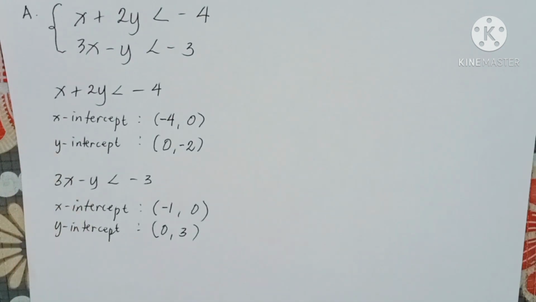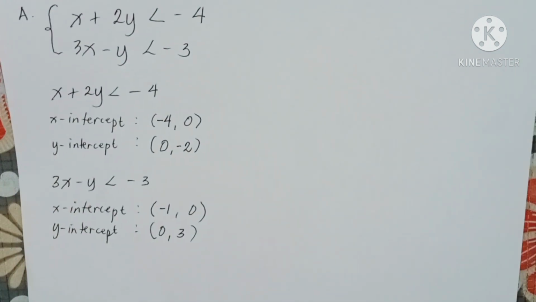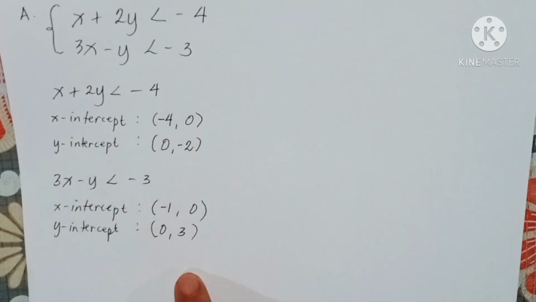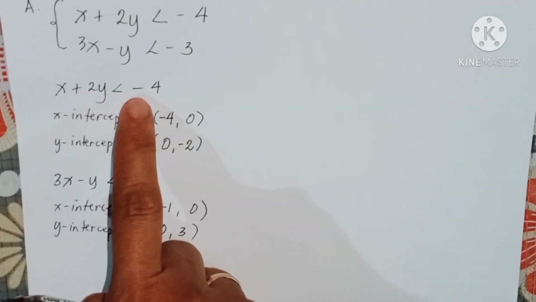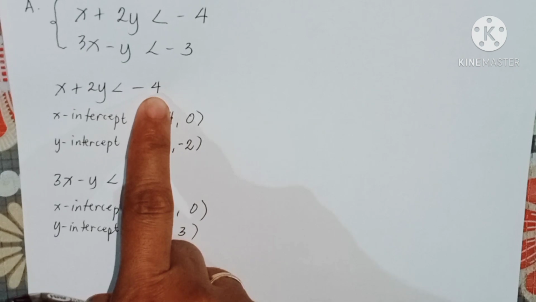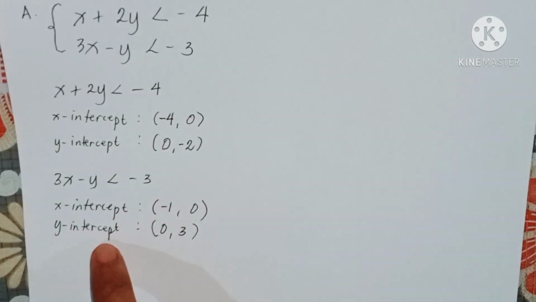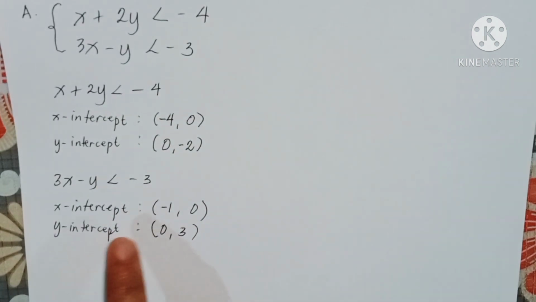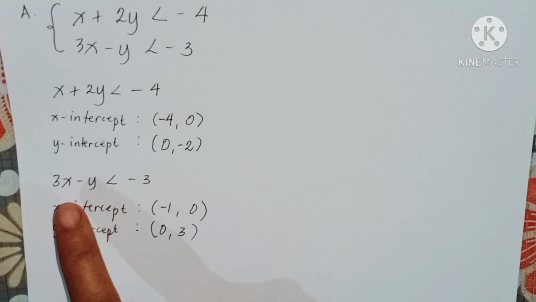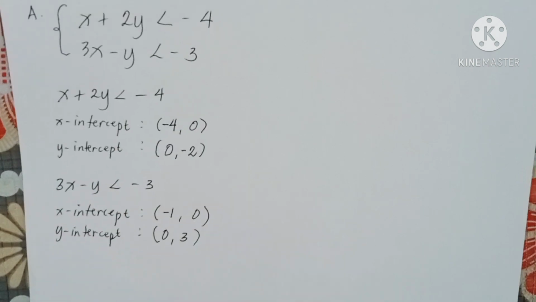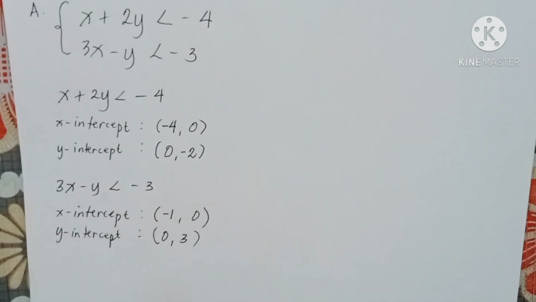So our y-intercept is (0, 3). This time we already have 2 points for the first inequality, x plus 2y less than negative 4, and then we have (negative 1, 0) and (0, 3) for the second inequality. This time we're going to graph this.